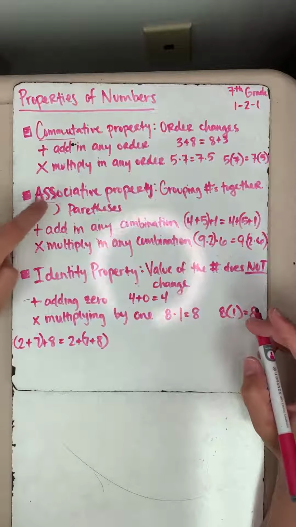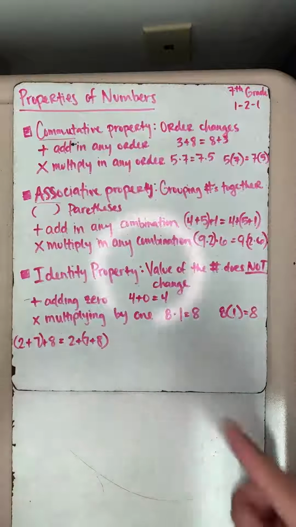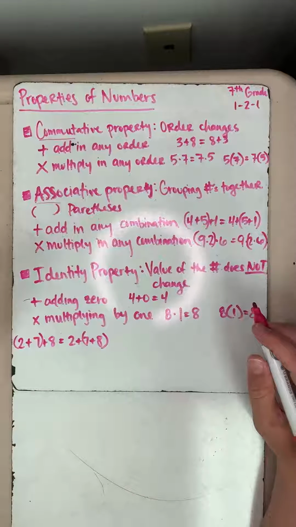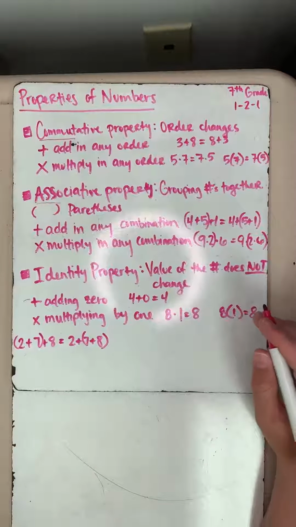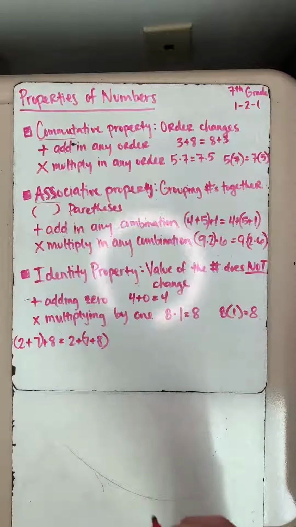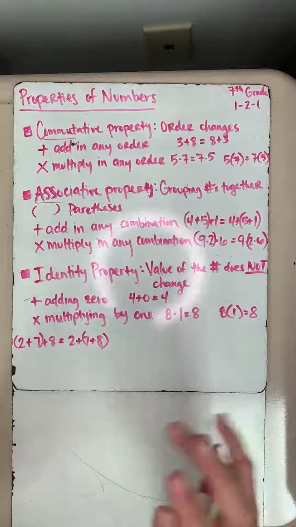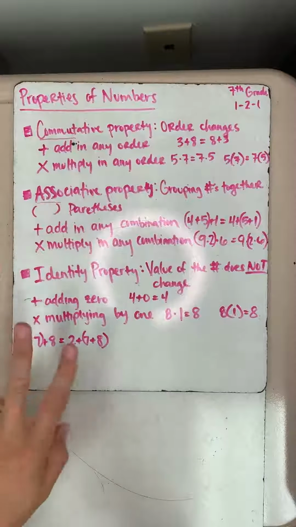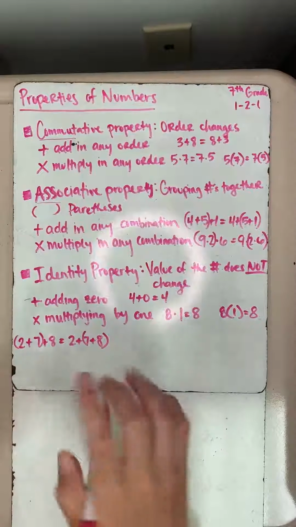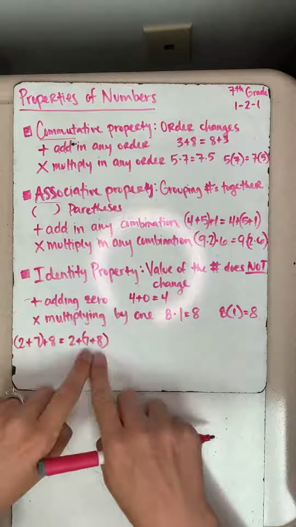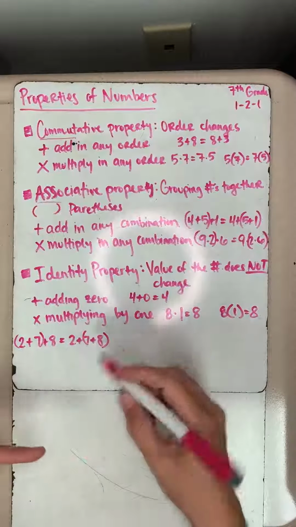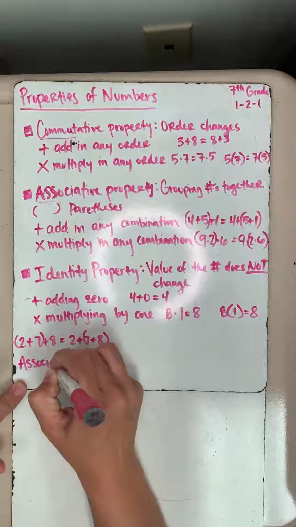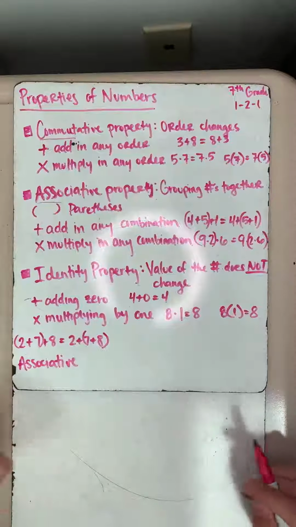Now I'm telling you, parentheses are the easiest one to remember because you can kind of associate it with something a little bit juvenile, I guess. Not even juvenile, inappropriate, probably. Sorry. So, you see that those parentheses have changed. These people were grouped together. Now these people are grouped together. So we know that this first one is the associative property that is being used.